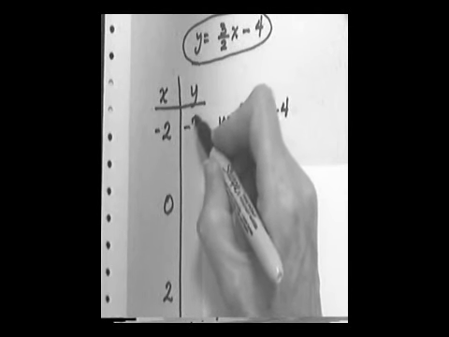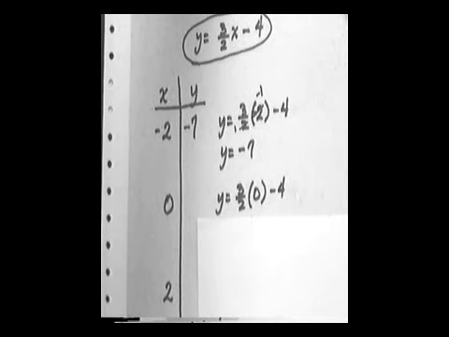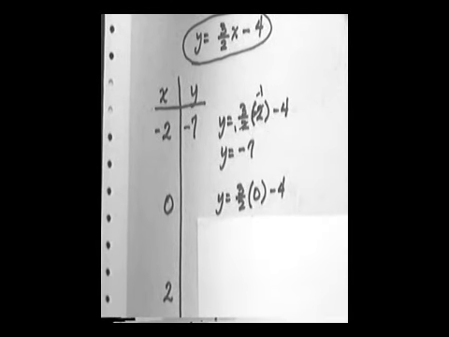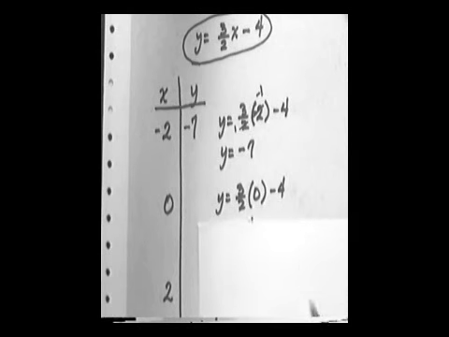And so our first ordered pair is negative 2, negative 7. Next, we'll fill in 0. We write y is equal to 3/2 times 0, subtract 4. 0 is our favorite because 3/2 times 0 is 0, and 0 subtract 4 is negative 4.